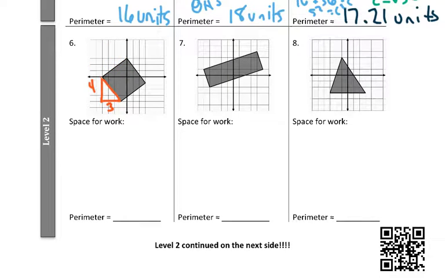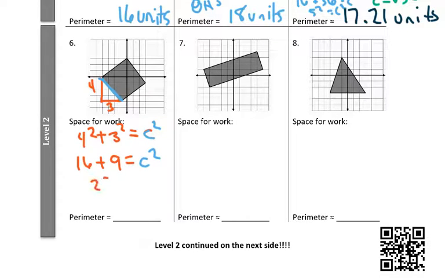So, I've already started setting it up. Let me use some colors I've used in the past. I just need to find the length of one of these sides. So, 4 squared plus 3 squared is going to equal C squared. So 4 squared is 16 plus 3 squared is 9 equals C squared.